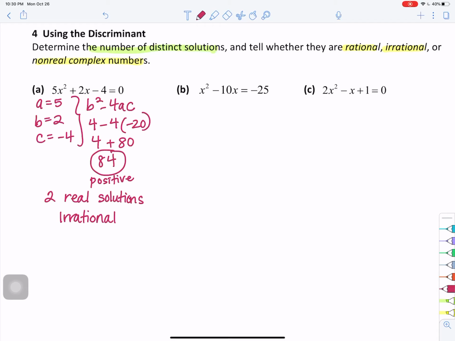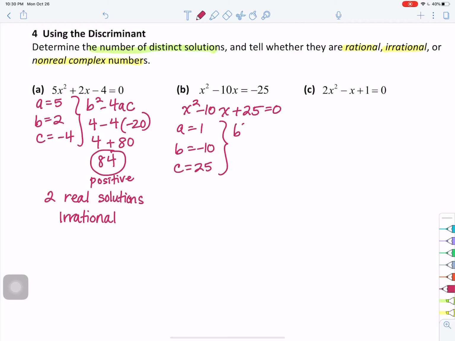Okay, let's try this next one. A is 1, B is negative 10. Oops, I can go ahead and write ABC, but I think it's better to bring it over, just so you don't make a mistake. Minus 10x plus 25 is equal to 0. A is 1, B is negative 10, C is 25.